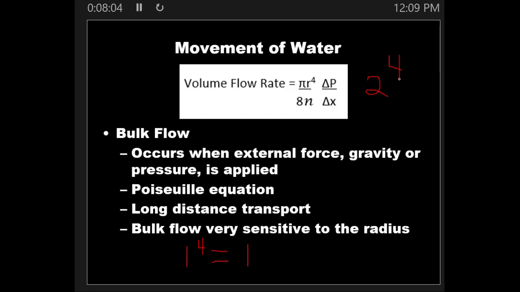Math. Equal to 16. So a factor of 16, if you double the radius, the flow rate goes up by a factor of 16. That's a huge jump. So very sensitive to the radius. So tracheids versus vessels can make a big difference in terms of flow rate of water through that system.